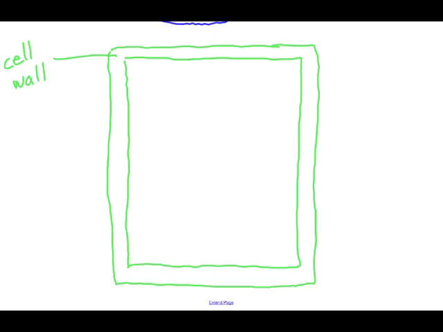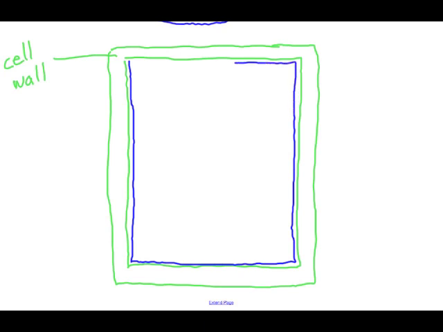But on the inside is also this double layer membrane. So the cell membrane, in a plant cell, is just found on the inside. And so I'm just going to do the inner membrane part. So think of this green part here being part of the phospholipid bilayer.